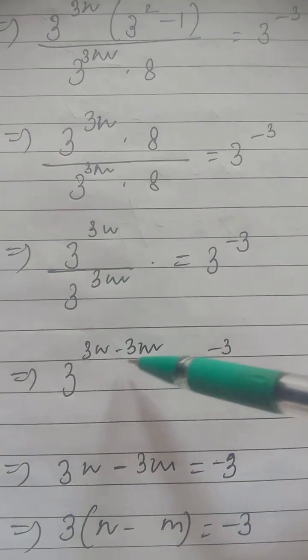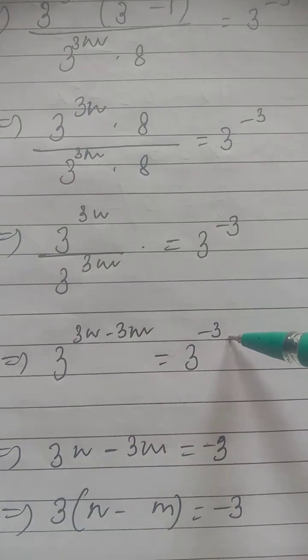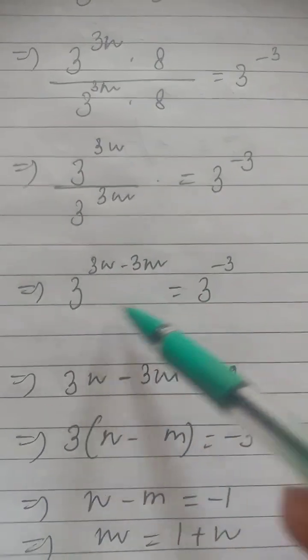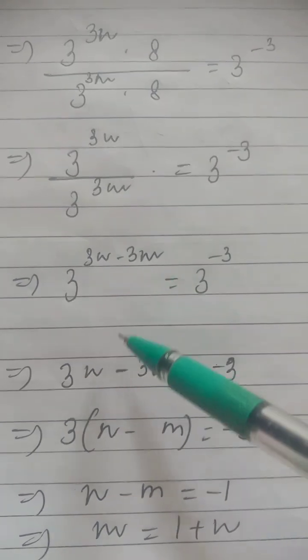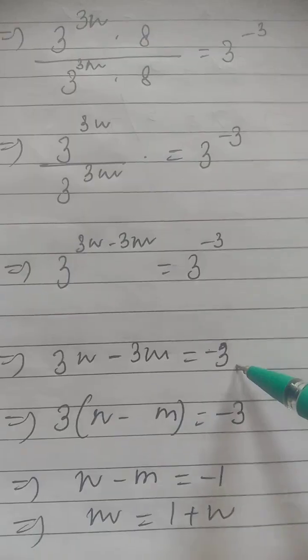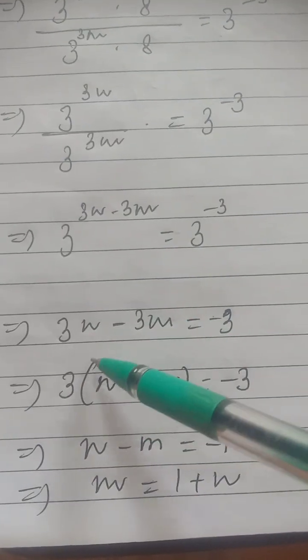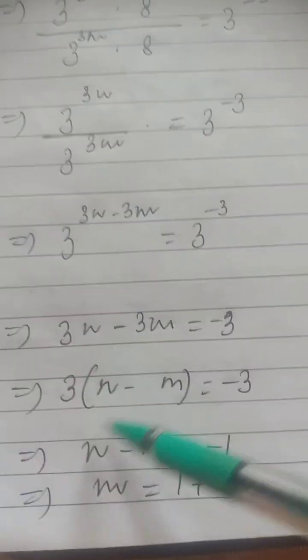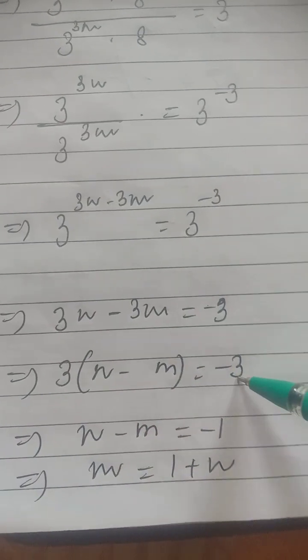So 3 to the power (3n minus 3m) equals to 3 to the power minus 3. Since the base is the same, now the powers can be made equal. So here 3n minus 3m equals to minus 3. Now you take 3 common, so 3 into (n minus m) equals to minus 3.